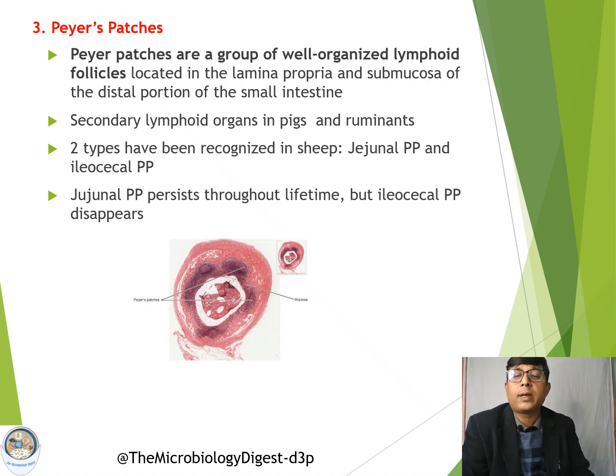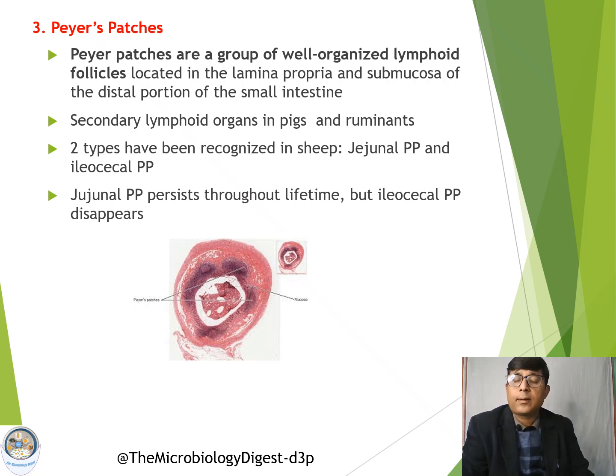Next, secondary lymphoid organs are Peyer's patches. In some textbooks, Peyer's patches are included under the primary lymphoid organ group, but in some textbooks they are included under secondary lymphoid organs. Peyer's patches are groups of well-organized lymphoid follicles, mostly located in the lamina propria and submucosa of the small intestine.